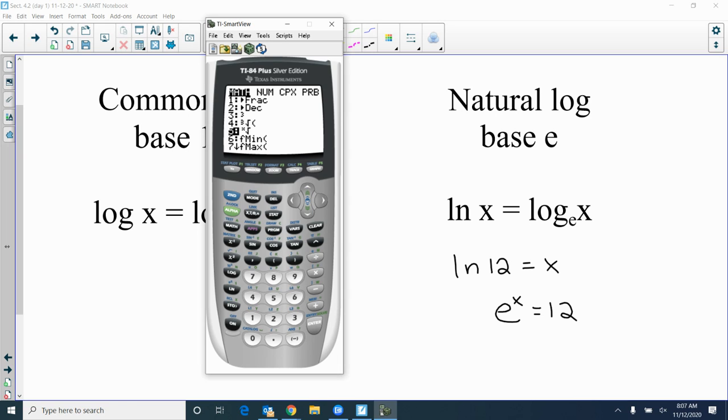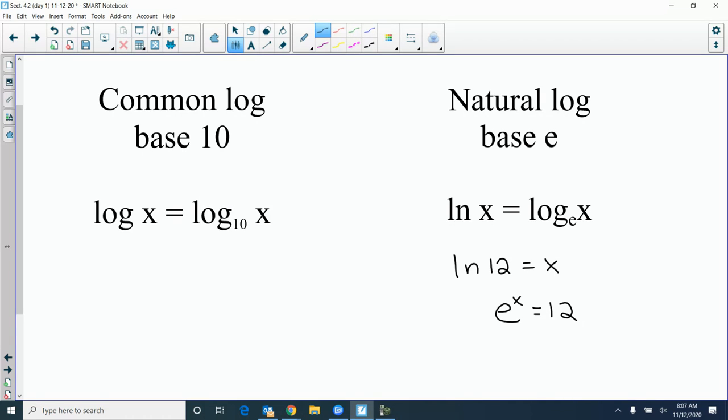Hit that. Okay, and so you can type in the base, and then you can type in the number. I don't have it on mine. So you can type different bases into your calculator. But those are your two cases here.